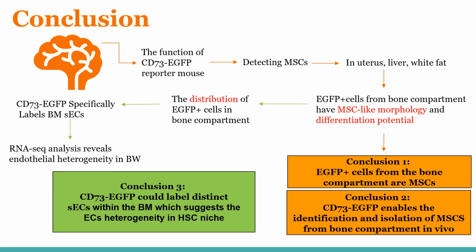And moreover, by analyzing the distribution of the EGFP positive cells in the bone compartment, they confirm that this CD73 EGFP can specifically label the sinusoidal endothelial cells. And the RNA sequence analysis shows that different endothelial cells have different gene expression in different cell populations, which reveals the endothelial heterogeneity in the HSC niche.